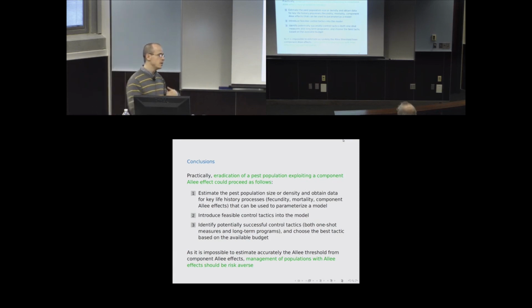So if we know the Allee threshold is somewhere between 10 and 20, then we should calculate as if it were 5, so that I am safe. I am not in this transition zone, and I am far below this transition zone.